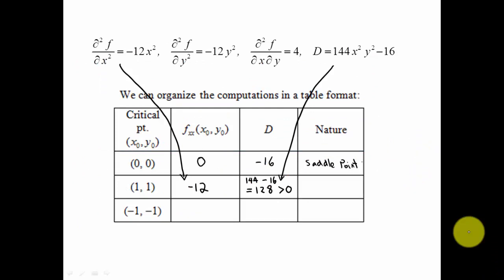Coming back to the problem again, we find that the point 1, 1 is a local maximal or relative maximal.